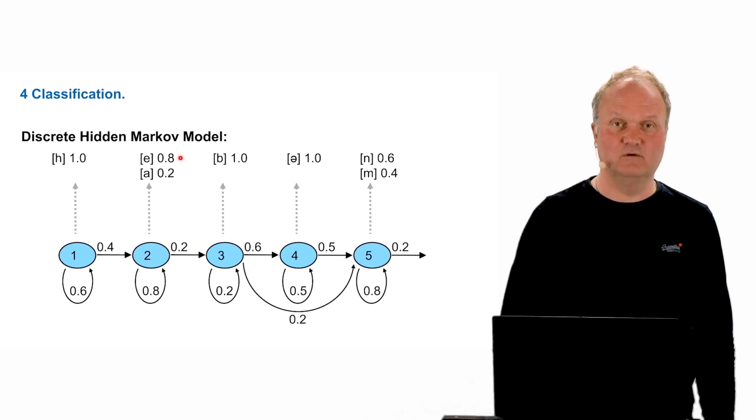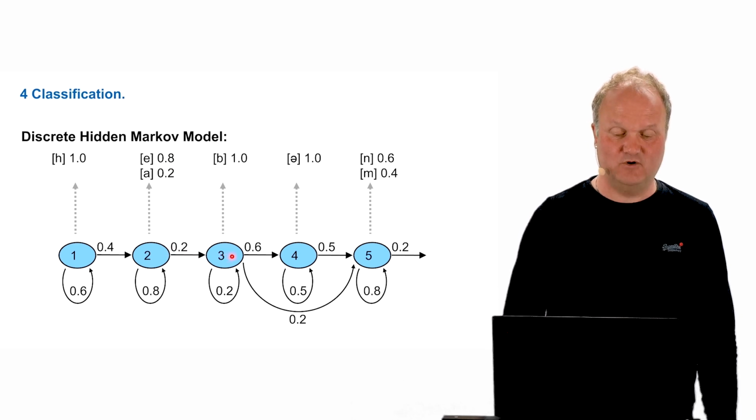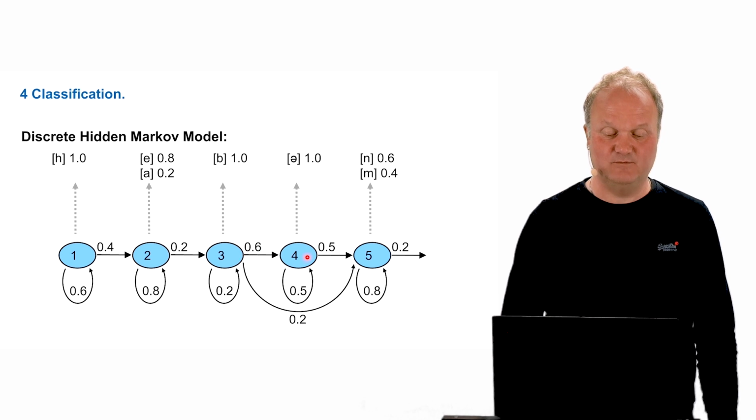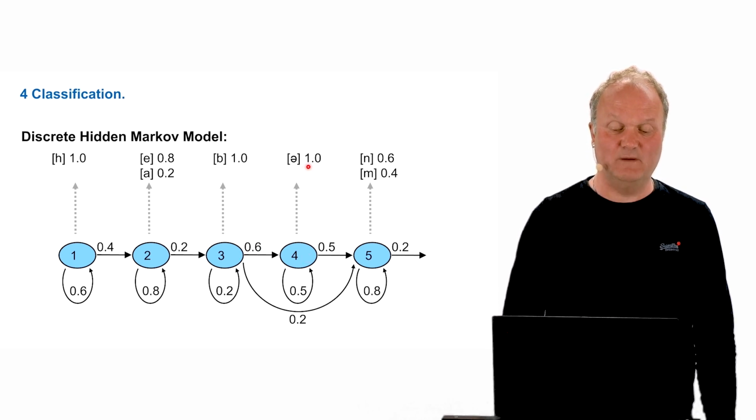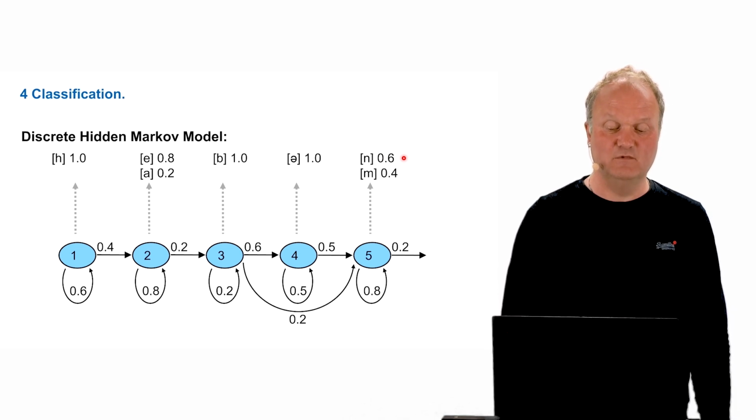which is the probability to emit the symbol e, multiplied with 0.2, which is the probability of transiting to state number 3, multiplied with 1.0, which is the probability to emit the symbol b, multiplied with 0.6 to transit to state number 4, multiplied with 1.0, which is the probability to emit the symbol e, multiplied with 0.5 to transit to state number 5, multiplied with 0.6 to produce the symbol n.